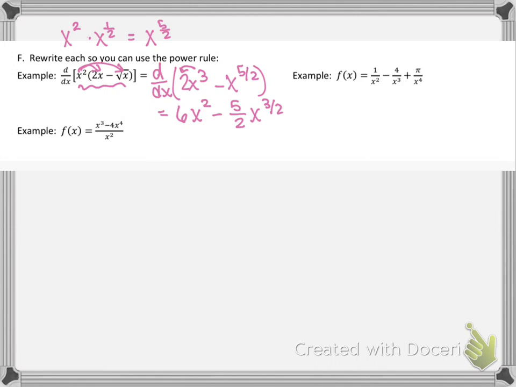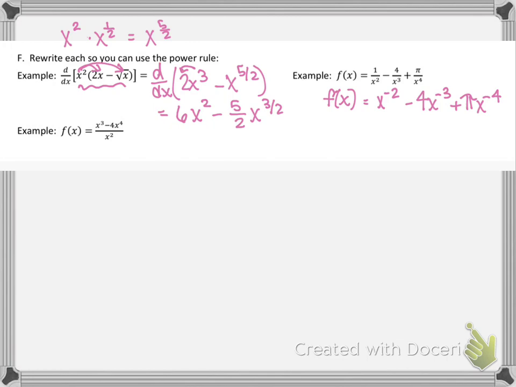Okay, on this next example on the right-hand side, before I take a derivative, I'm going to go ahead and rewrite these as powers of x. So I'm rewriting this as x to the -2, 4x to the -3, and pi x to the -4.